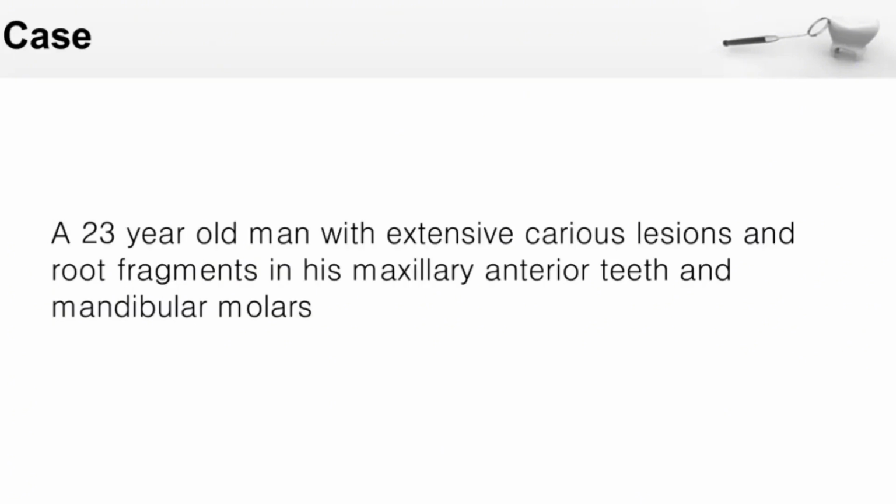Our case is a 23-year-old man with extensive carious lesions and root fragments in his maxillary anterior teeth and mandibular molars. Our diagnosis for this case is chronic apical periodontitis secondary to carious lesions, and our treatment plan is multiple tooth extraction.